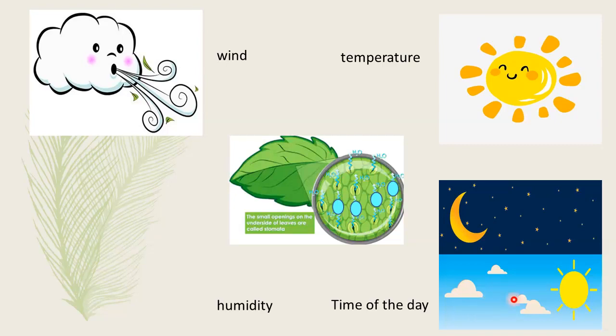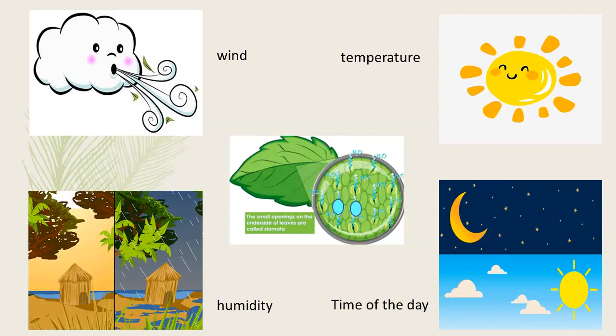That is why during the day transpiration increases, while at night the stomata are closed. Humidity. As I explained earlier, humidity means when the environment has more water. If the environment has more water, it will not take any water from the plants. But if the environment is dry, transpiration will happen.